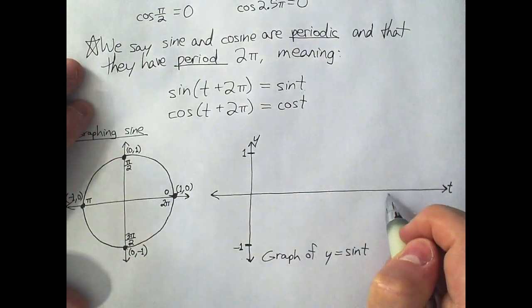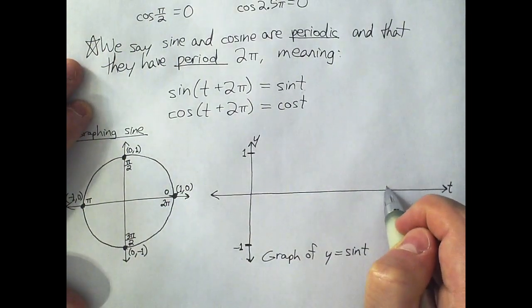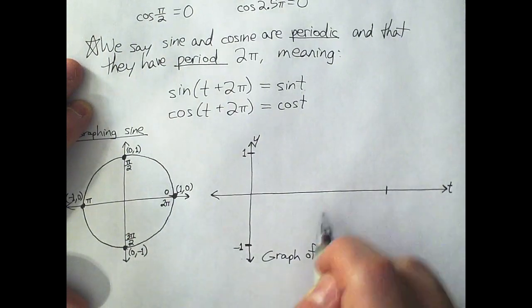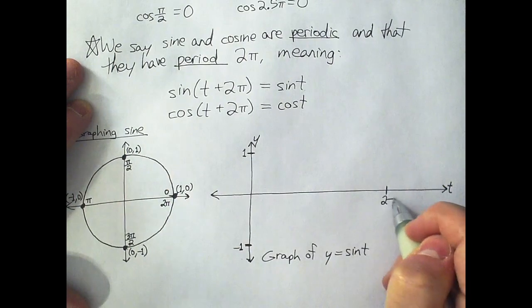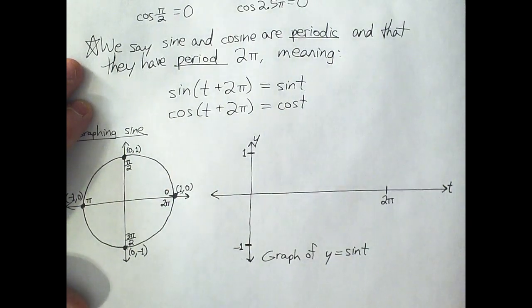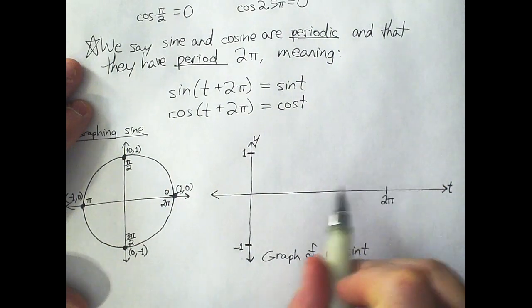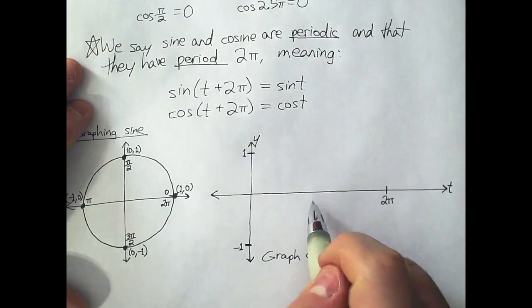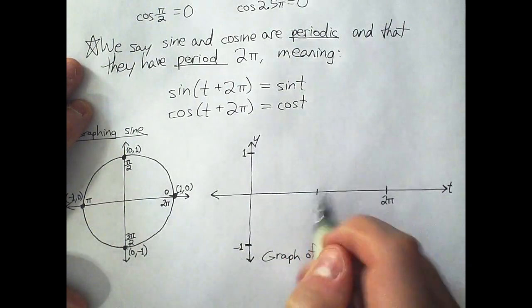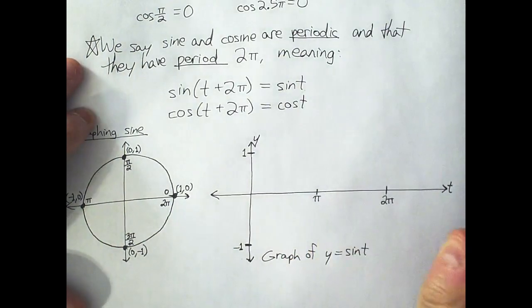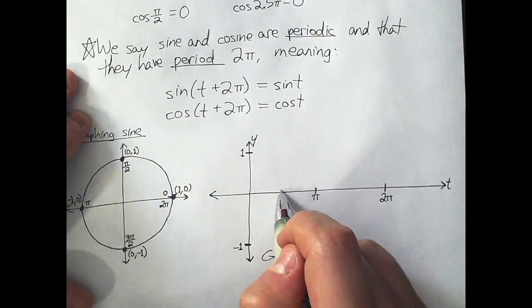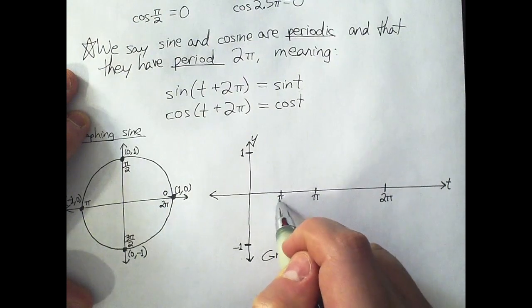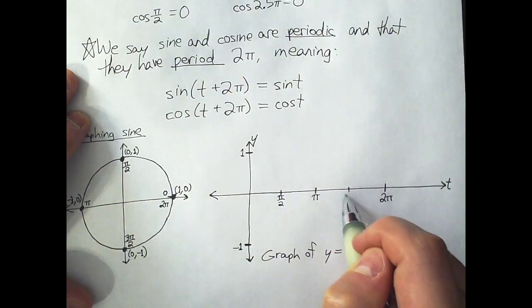So maybe I'll say 2 pi is, you know, we want to kind of include everything up to 2 pi at least in this picture. So let's do that. And I'll label some things in between. If that's 2 pi, then I guess this would be pi. Let's get pi over 2. 3 pi over 2.